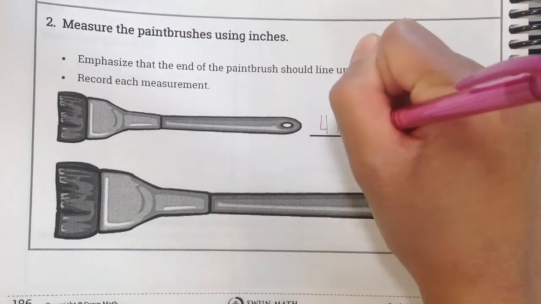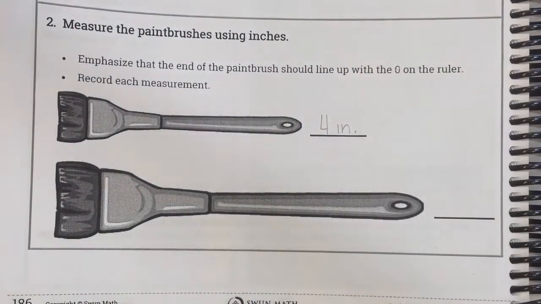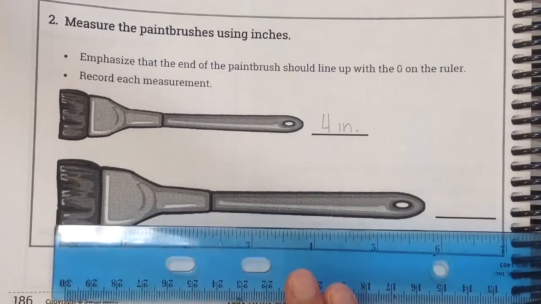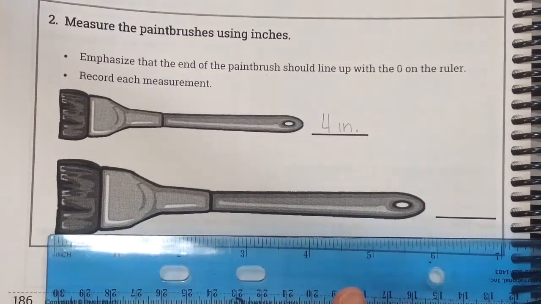So 4 IN period. Now I'm going to measure this bigger paintbrush just like I did for the first one. So I line up that paintbrush with that first 0 mark. I see where the end lines up. It isn't at 5, but it's not quite at 6, but it is past this halfway mark.